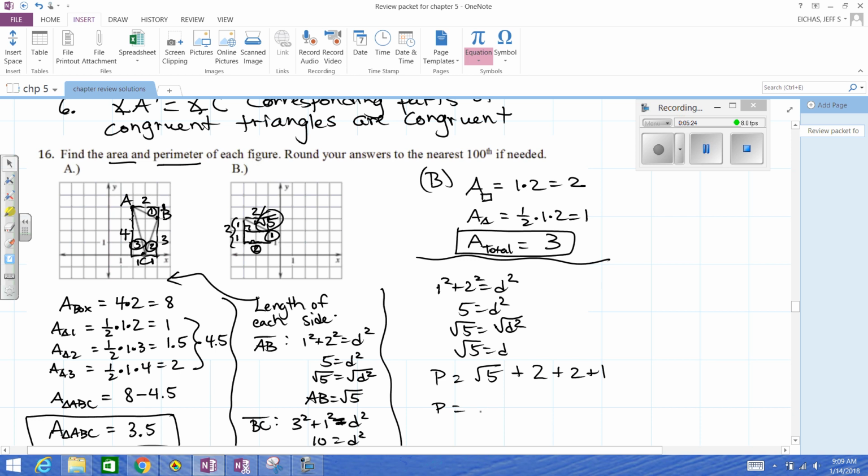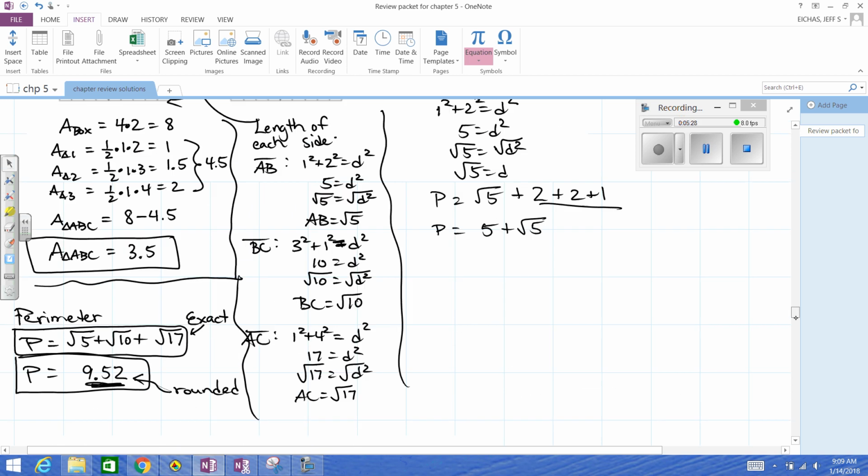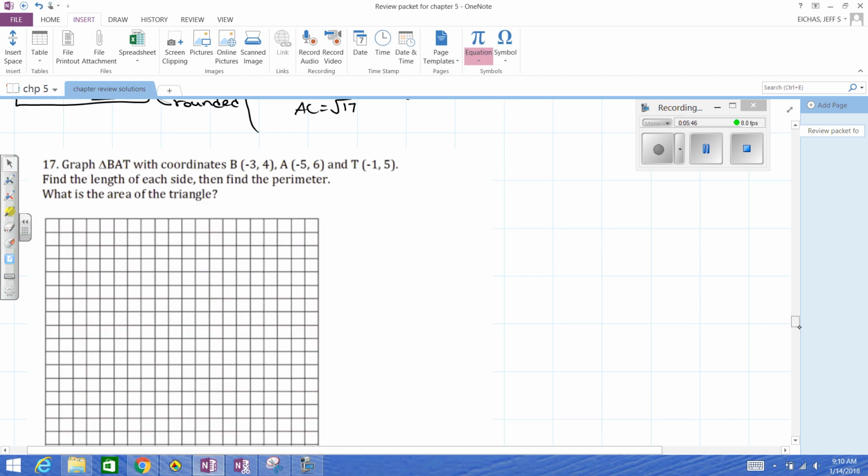Okay, so the exact answer is 5 plus the square root of 5, right? The rounded answer is 7.24 if we go to the nearest hundredth. Okay, so this is exact, this is rounded. All right, so that takes care of area and perimeter.